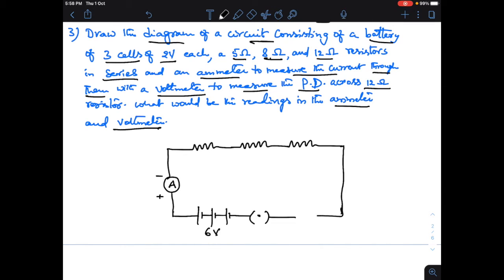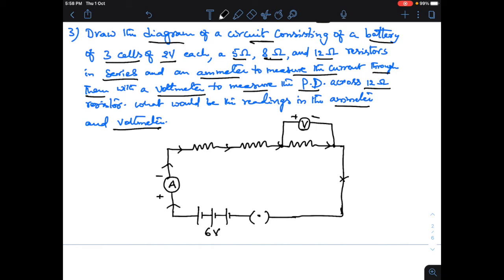And the direction of the current will be from positive to negative. So current flows in this direction. And now we have a voltmeter connected across the resistor.